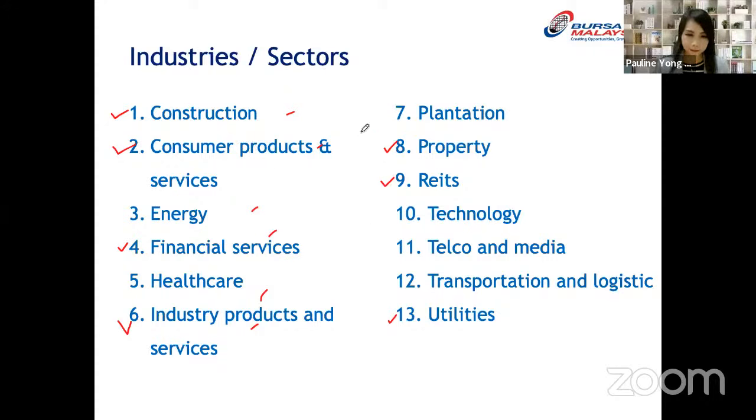However, if you have one small section of your money, maybe 10 to 20% of your overall portfolio, that you want to allocate into high growth or speculative, it's good. It depends on your risk appetite, of course.